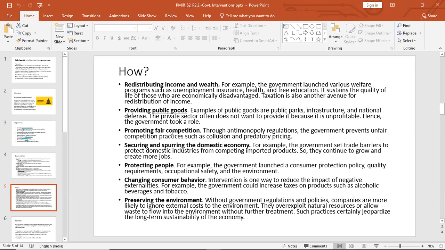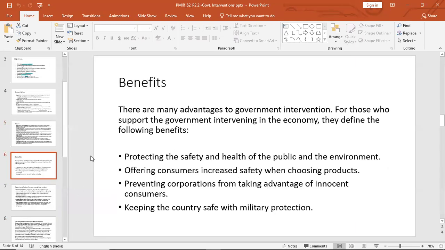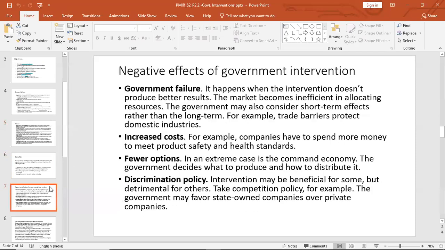Redistributing income, wealth, what is the benefits we get, government intervention, negative effects of government intervention, what is negatively impacting the society or the organization when government is intervening the society.